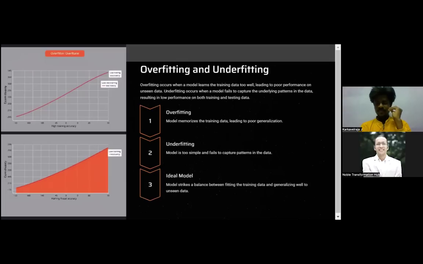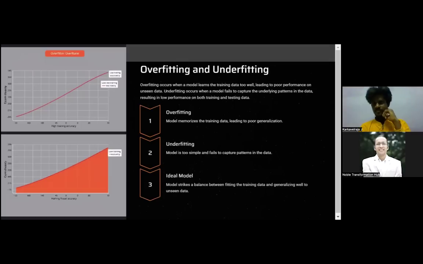So we need to know what overfitting is and what underfitting is, and then we'll have an ideal model that gives us better performance and generalizes well on unseen data. The main work of a model, an algorithm, machine learning or deep learning, is to get insight from unseen data. When that is not done, what is the use of a model?